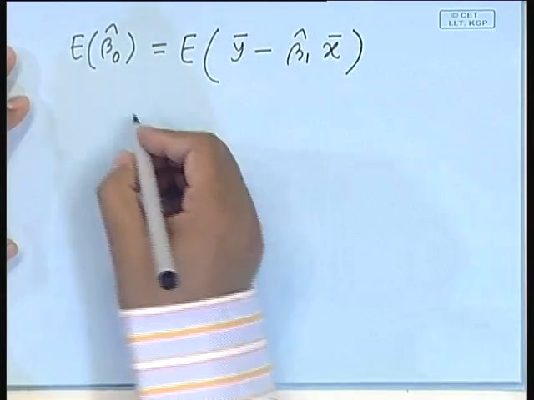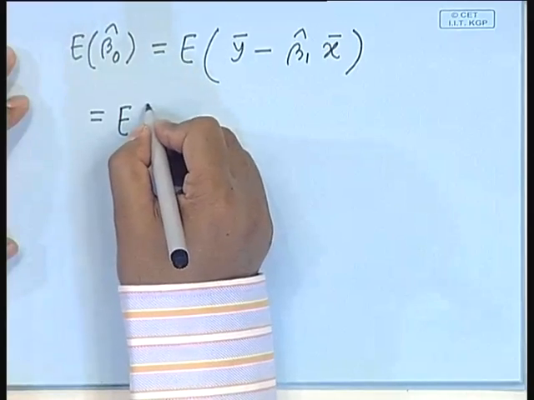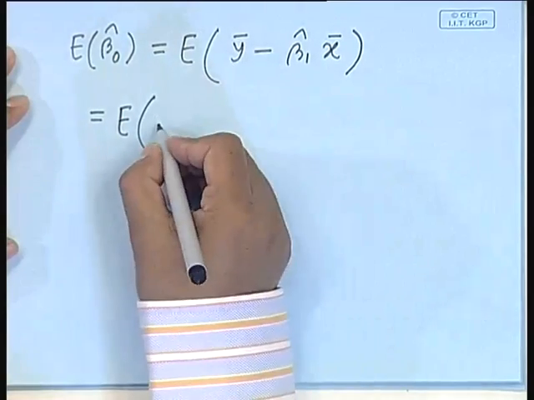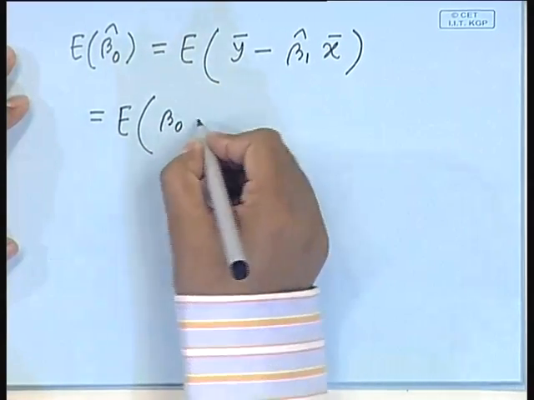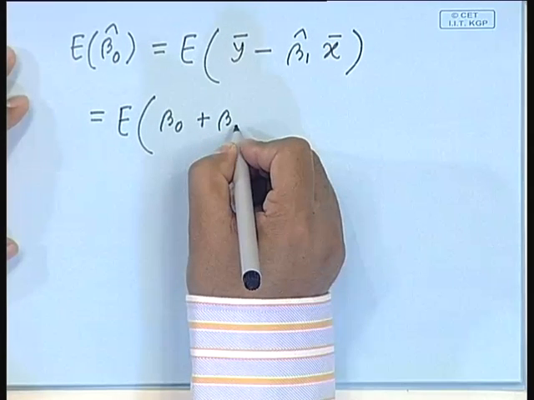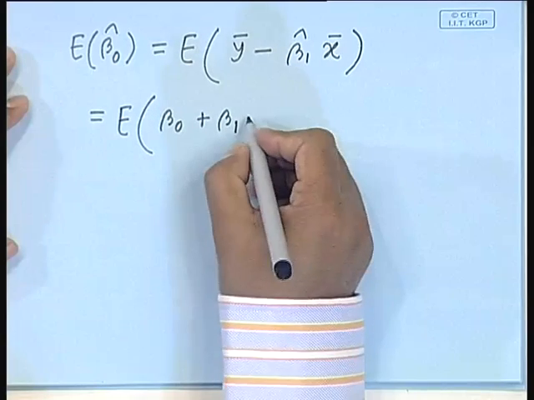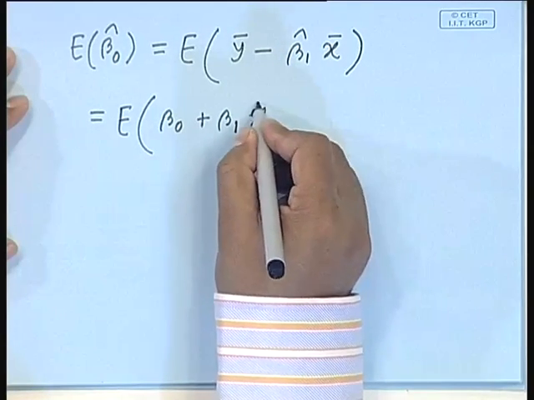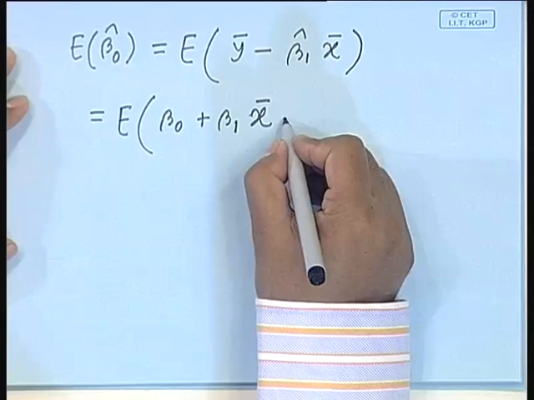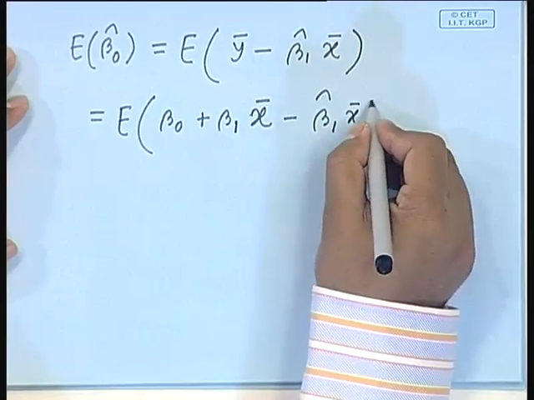So, what is y bar? We proved in the previous slide that y bar is nothing but beta naught plus beta 1 x bar minus beta 1 hat x bar.